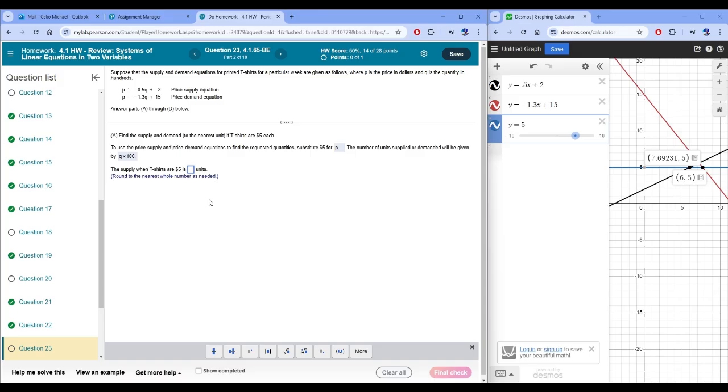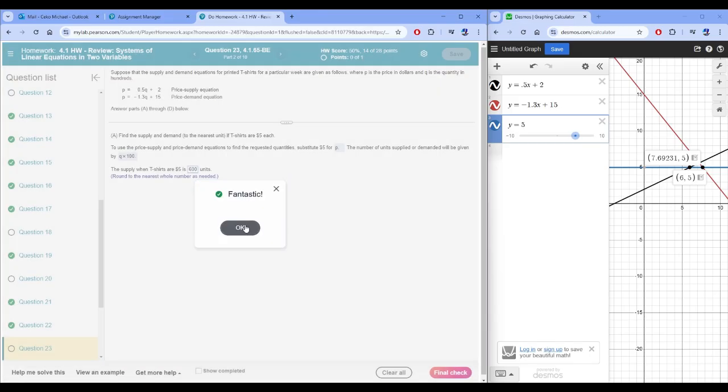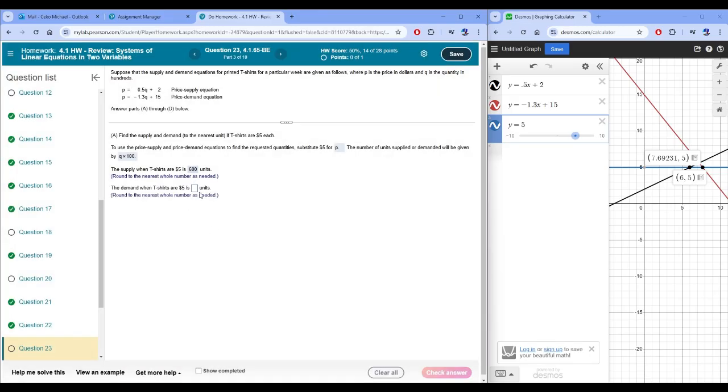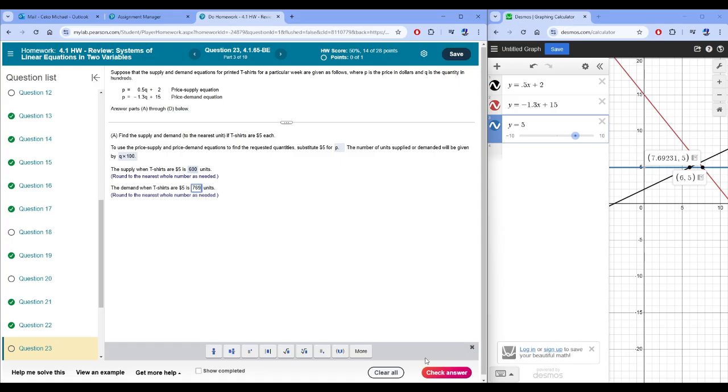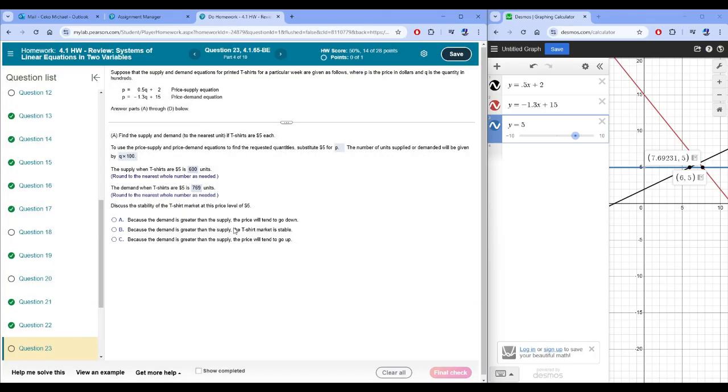I was using the wrong equation. The demand would be 769. There we go. The stability of the t-shirt market at this price level: because the demand is greater than the supply, that would cause the price to go up.